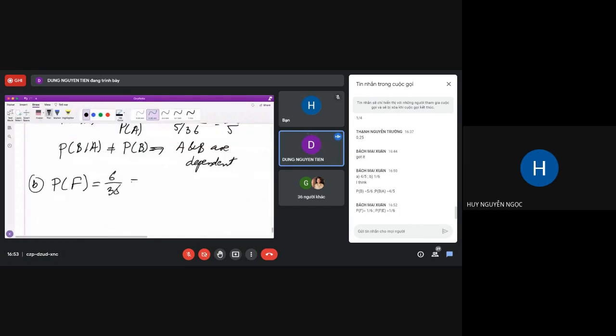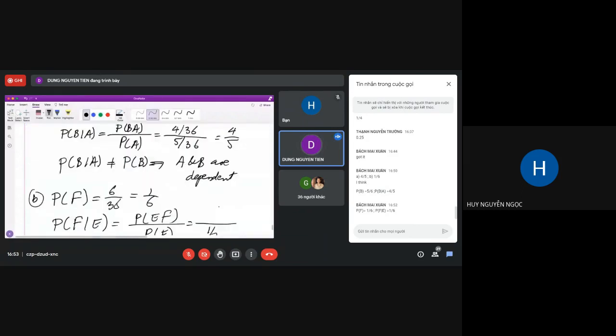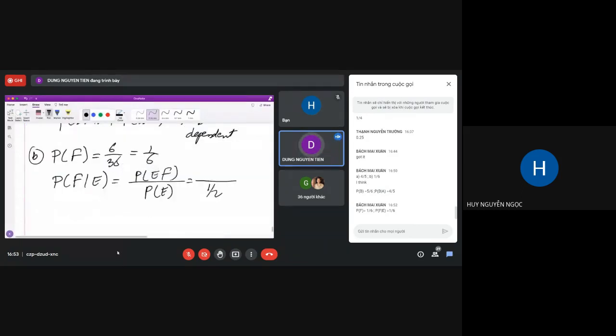For the conditional probability of F given E, you come up with the joint probability EF over the probability of E. The probability of E is 1/2, because that is the chance that the first die is even. The probability of EF is the probability that the sum is 7 and the first die is even.